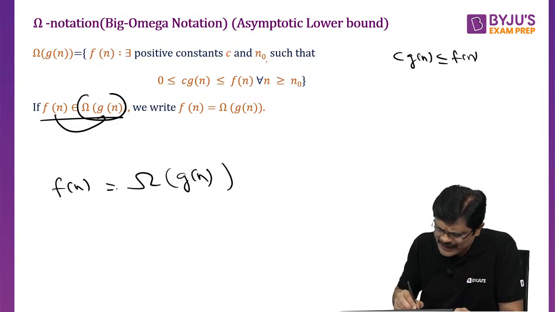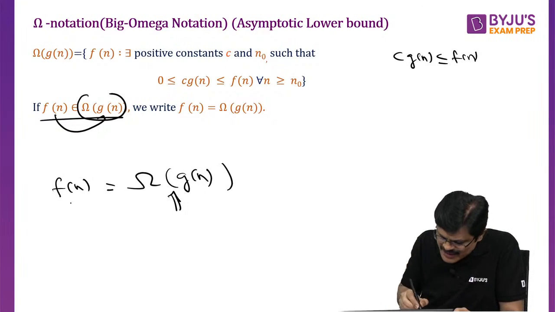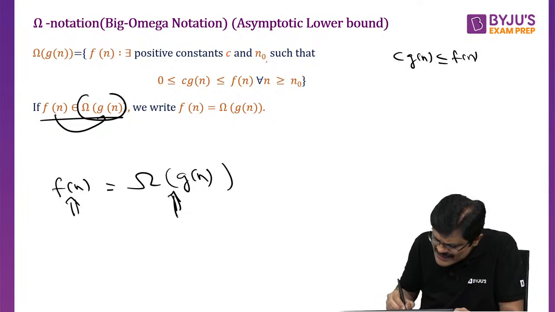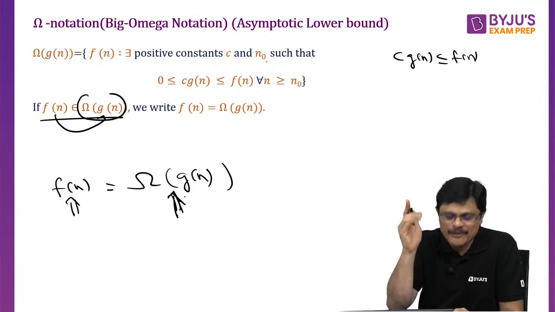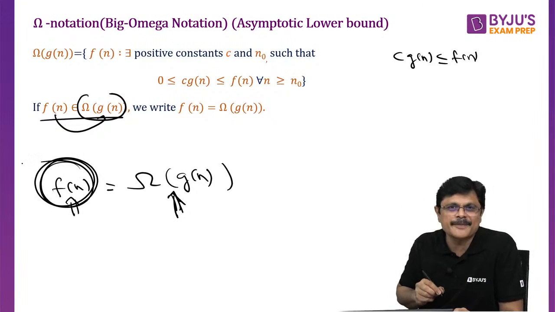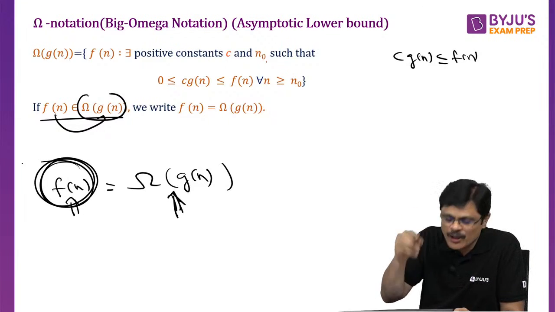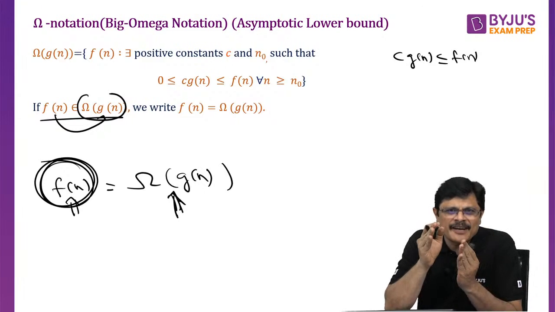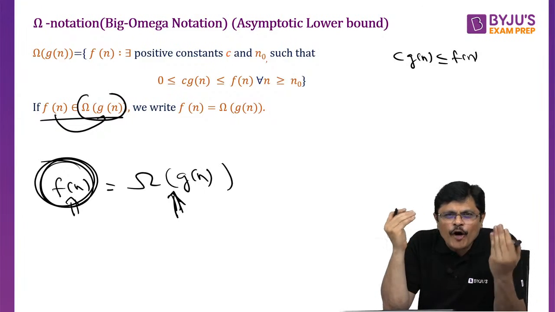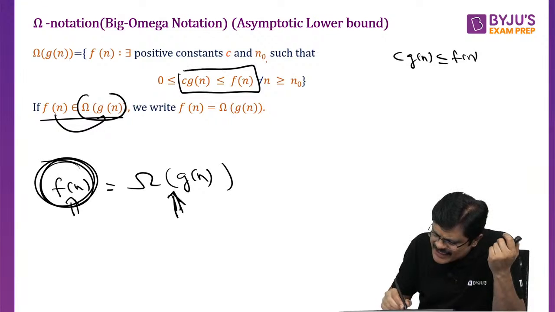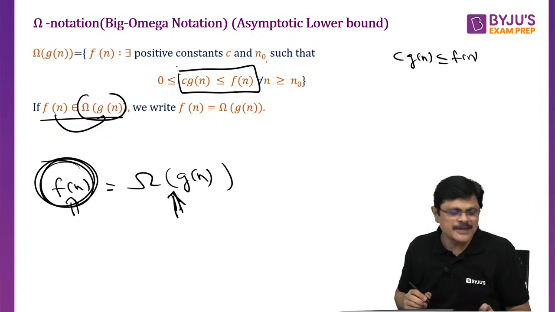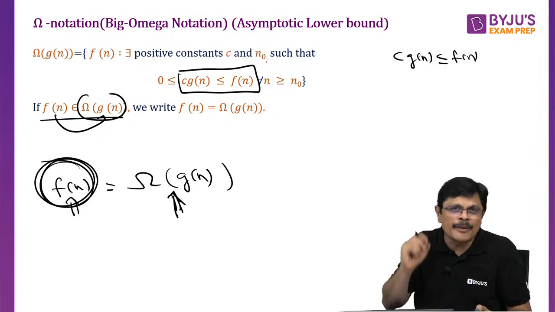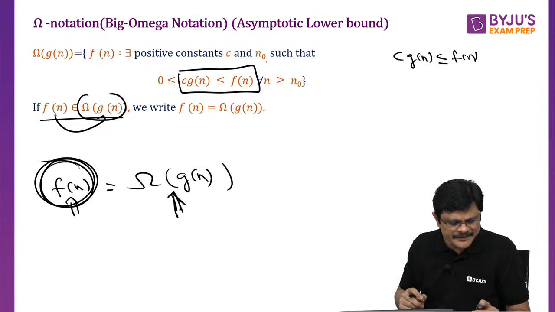Even though you write this for brevity, this is what we need to understand here. This is a class of functions which contains all such functions. So when you say big omega of Gn, it's not just one function, sir. It is the collection of all functions satisfying this condition for large values of N. So that is the definition of big omega, my dear friends. Am I clear?